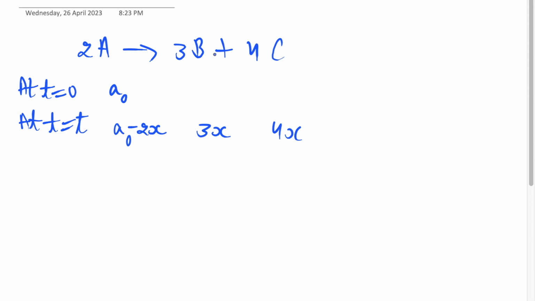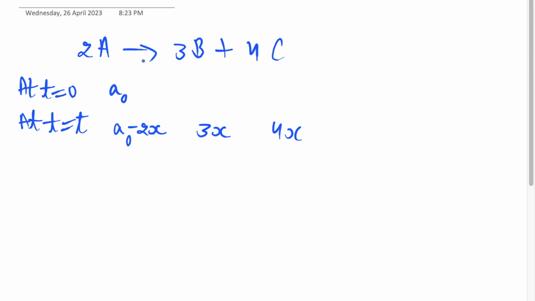How have we got this? 2 gives 4, so here 2x has gone from A, and since it's giving double, from 2A we get 4C. So if 2x is gone from A, we get double the quantity of C, that is 2x double is 4x.